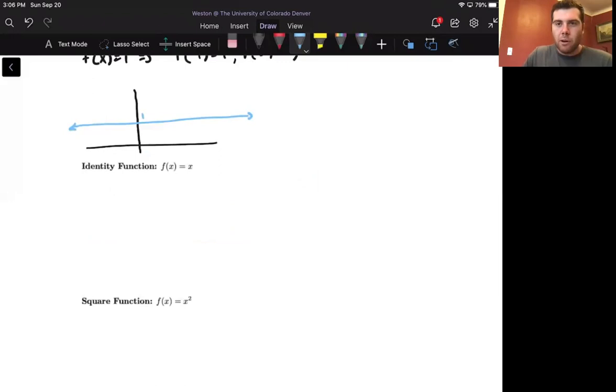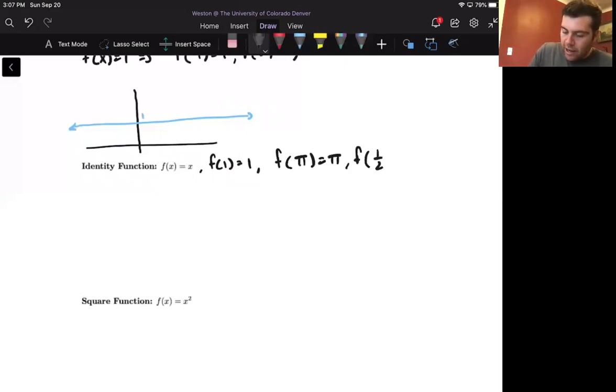A slightly more complicated version is the identity function. The idea is you plug in a number and you get that same number back. So the function doesn't do anything. So we have f of x equals x. So f of 1 is 1. F of pi is pi.